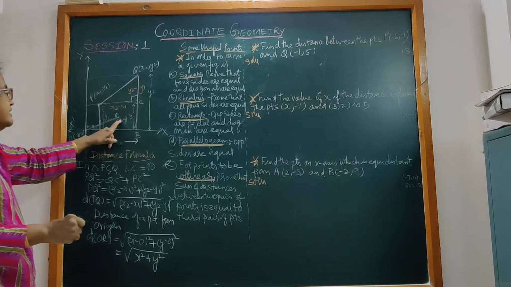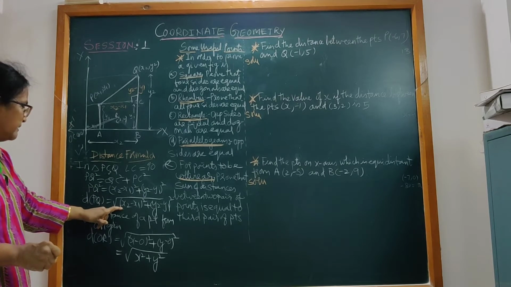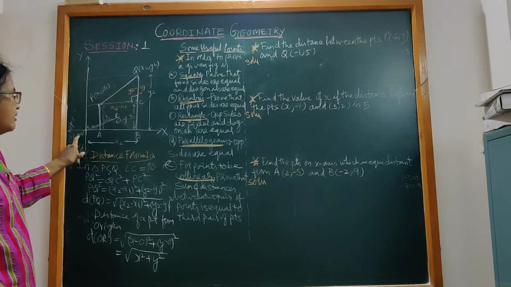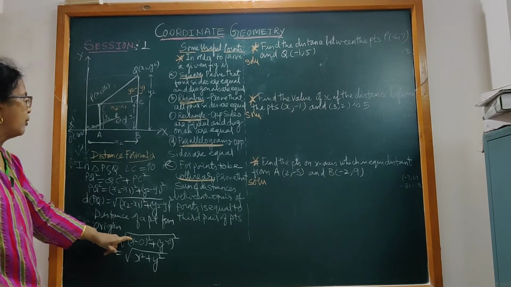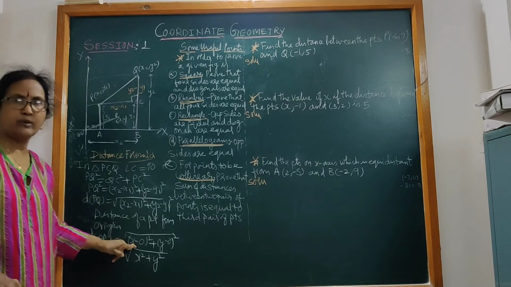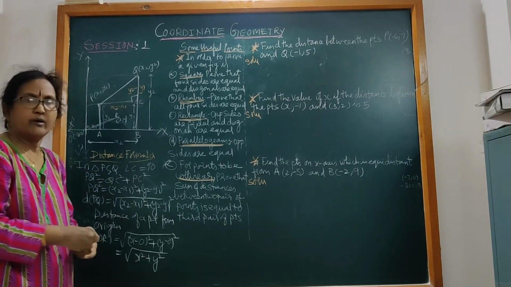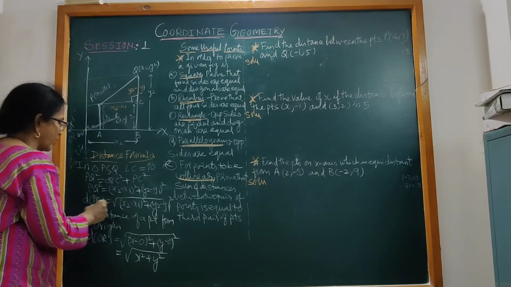This is the distance of a point from origin. You can easily place it in the distance formula. Here, x minus 0 the whole square plus y minus 0 the whole square, so you are getting x square plus y square. So we have seen two formulas.